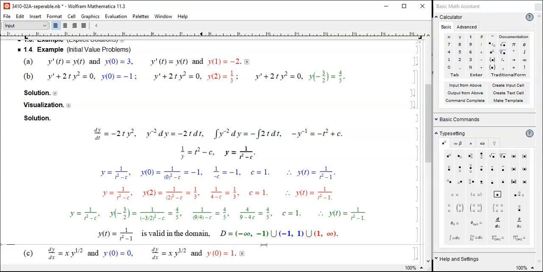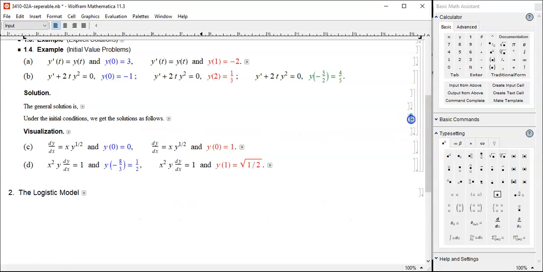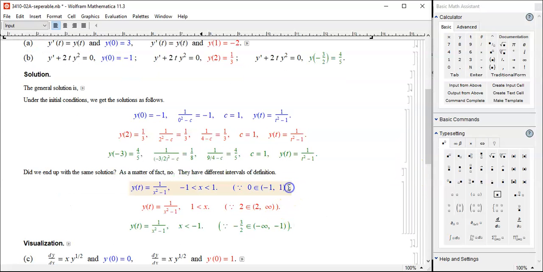So the proper answer here is these functions along with the intervals of definition, and let's go back to the notebook, and here they are.